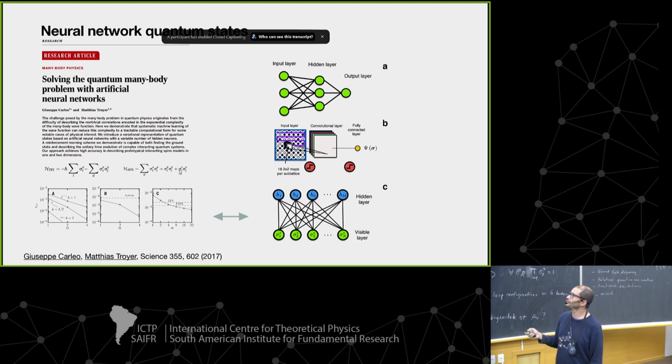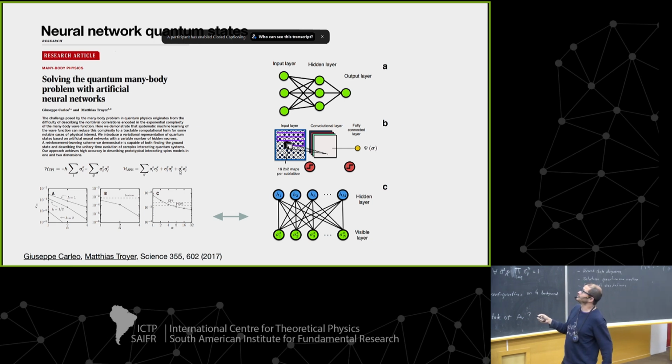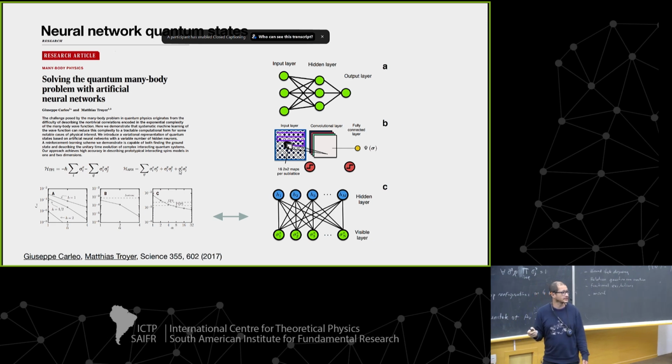And the most influential paper came around the same time, or a little bit after our paper: solving quantum many-body problems in general with artificial neural networks, by Giuseppe Carleo and Matthias Troyer. They use a different architecture called restricted Boltzmann machines, and tackle some problems that can be solved analytically, but also some problems for which there's no known solution. So that's where I'm going right now.